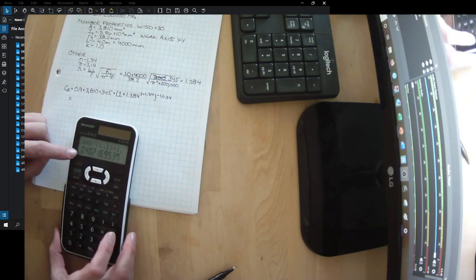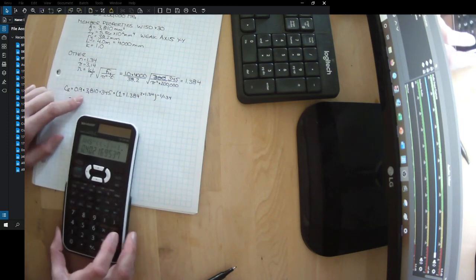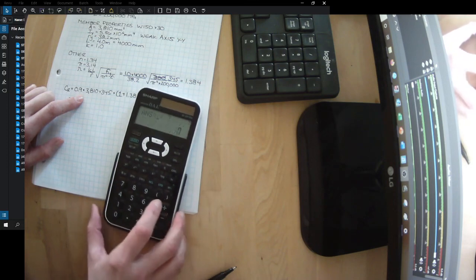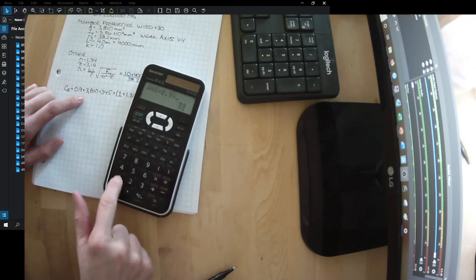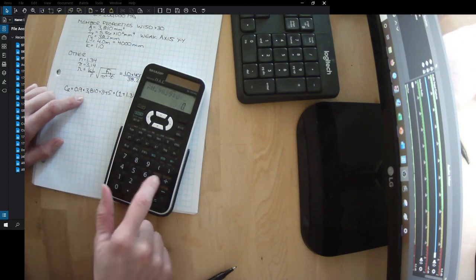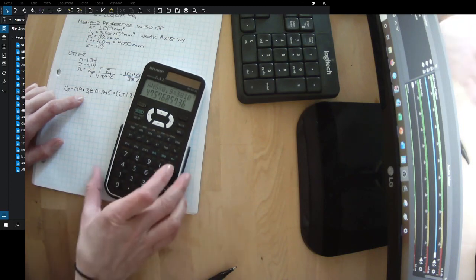So we have 0.402 times 0.9 times 3,810 times 345.